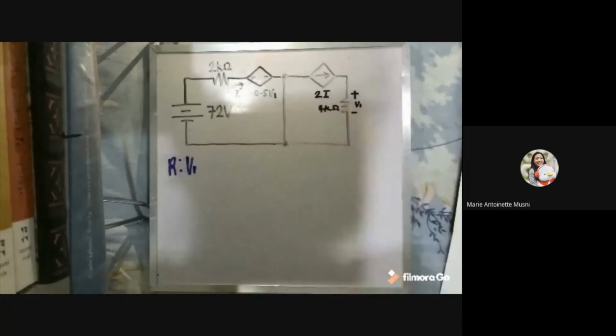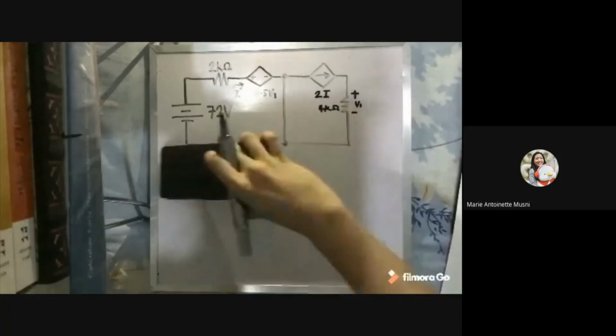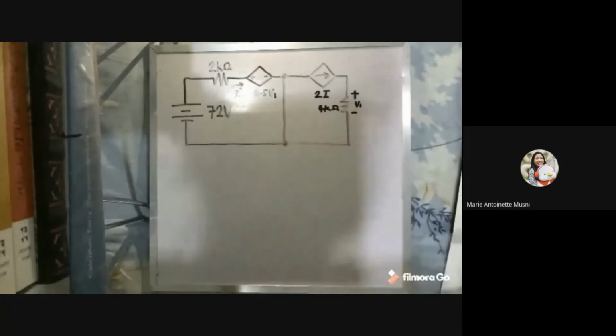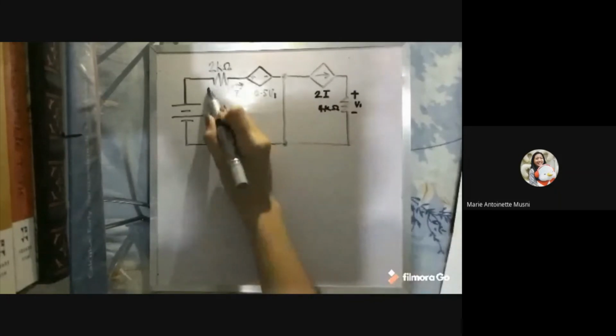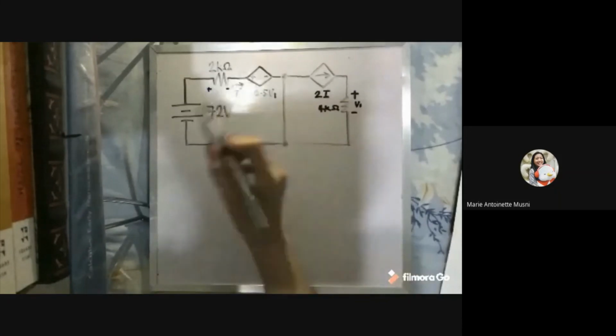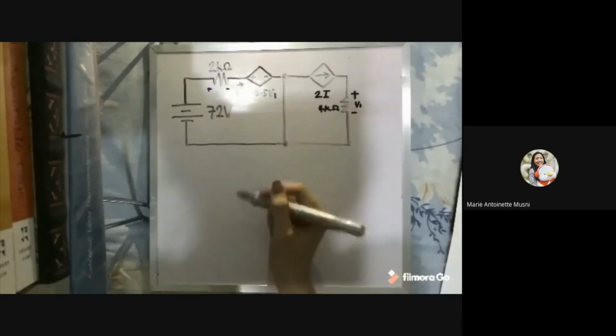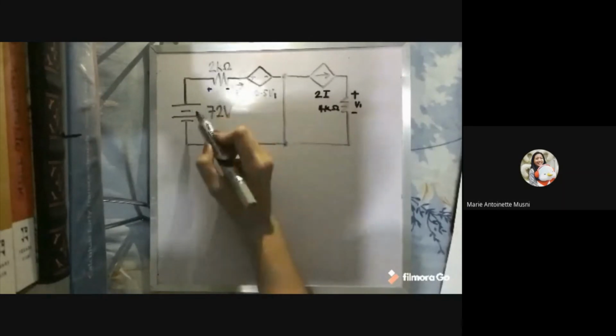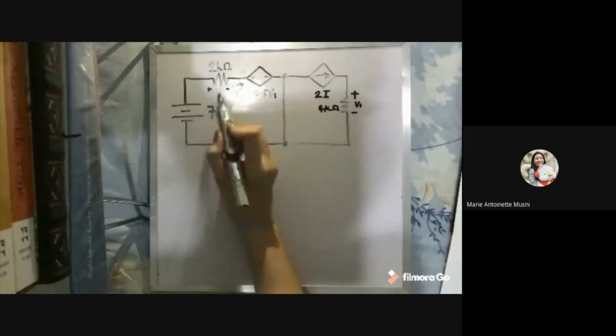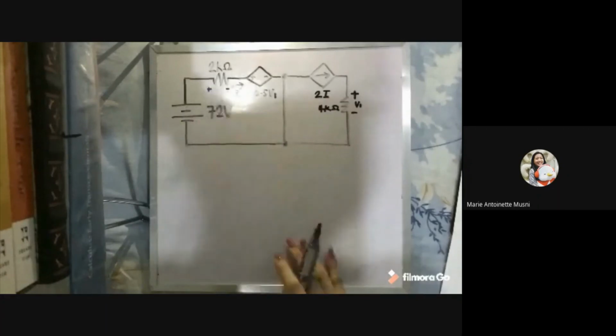The first step is to label the polarity for this resistor. We can choose any polarity we want. We're going to go with this one since it's coherent for the positive terminal and the positive terminal here.